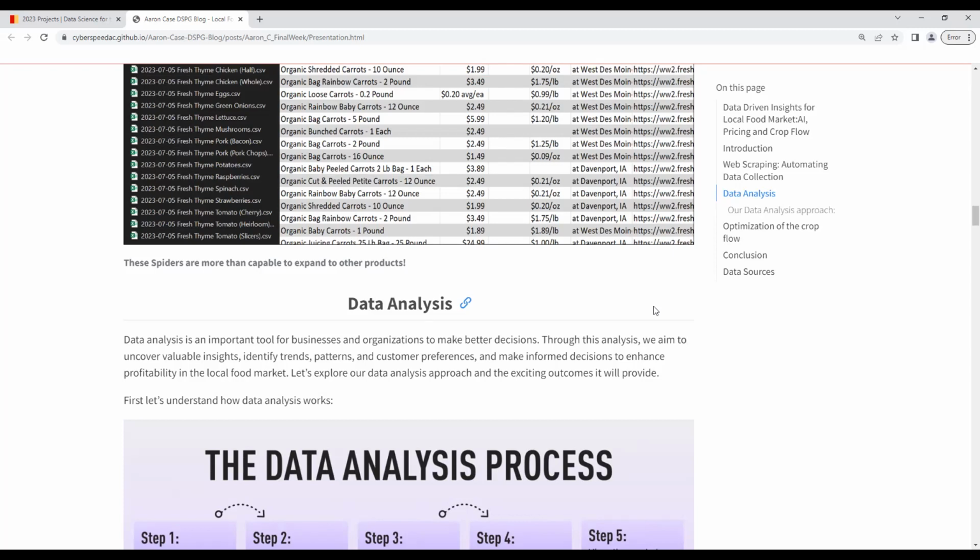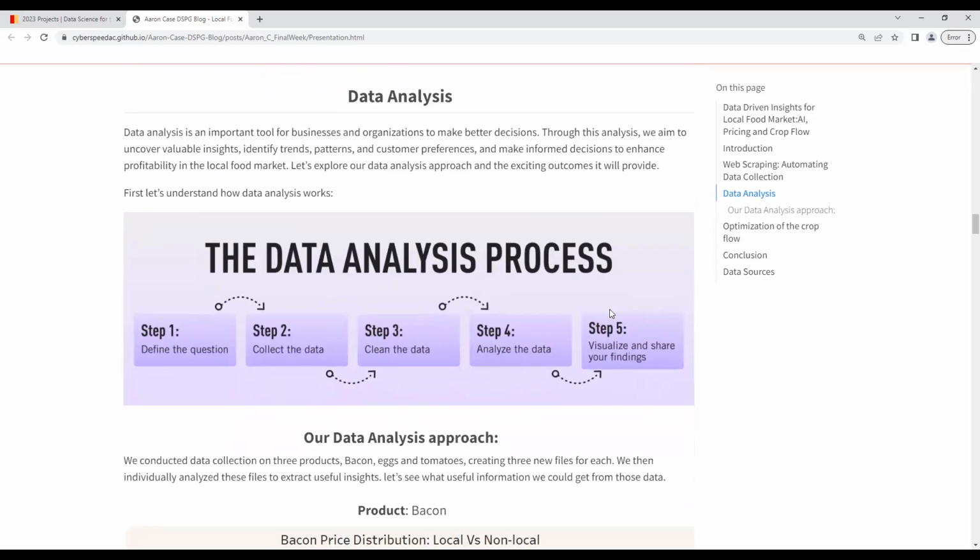All right, now we're going to be taking a look at the data analysis part, because after spiders, we had data. The data was not very clean, but we had some data that we could start working on. So before we could go for the analysis part, there was a lot of cleaning that was done.